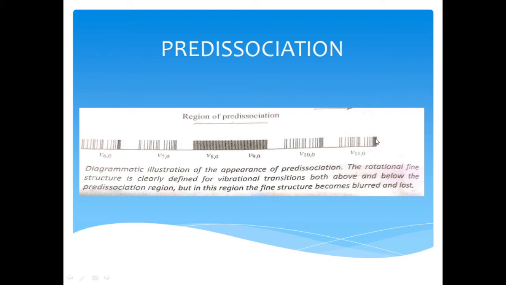This continuum may be due to dissociation, but sometimes this type of continuum may appear before the actual limit. That is known as predissociation.